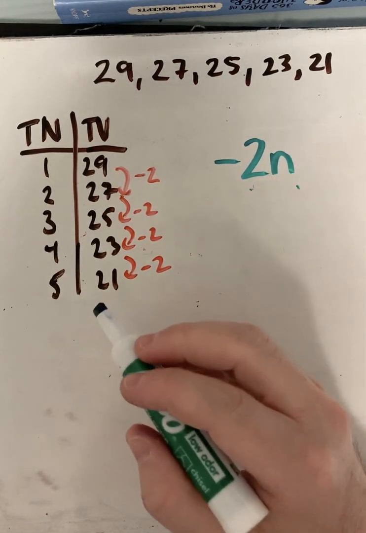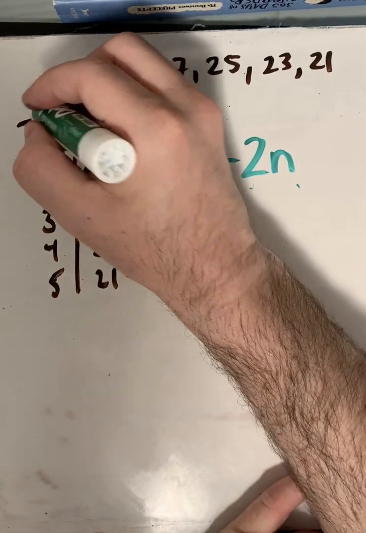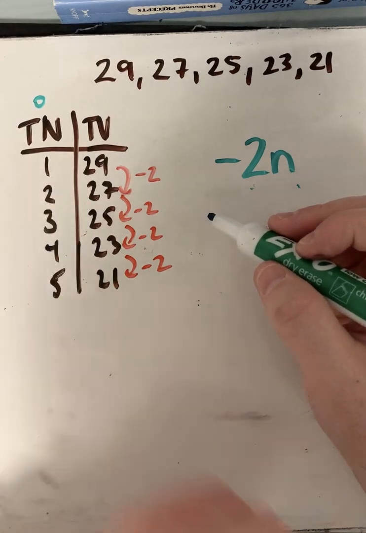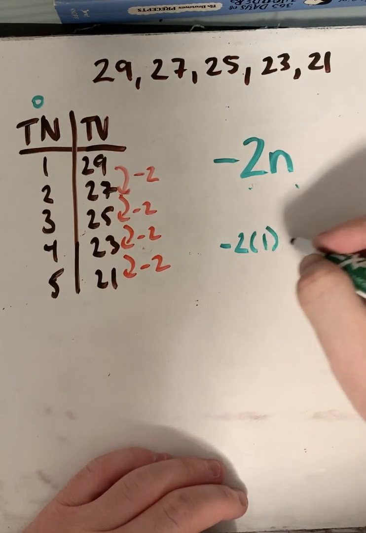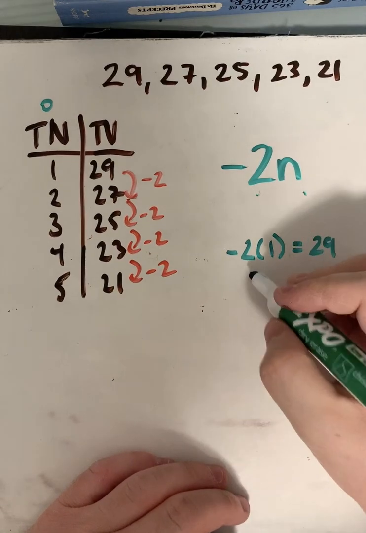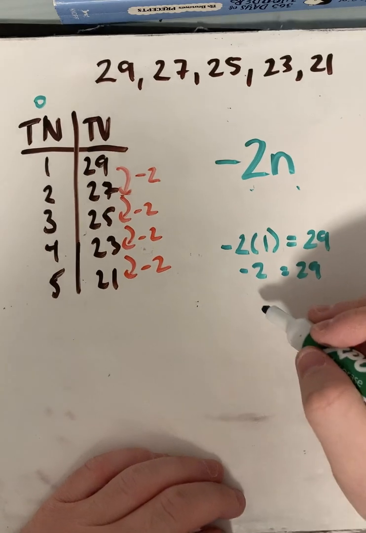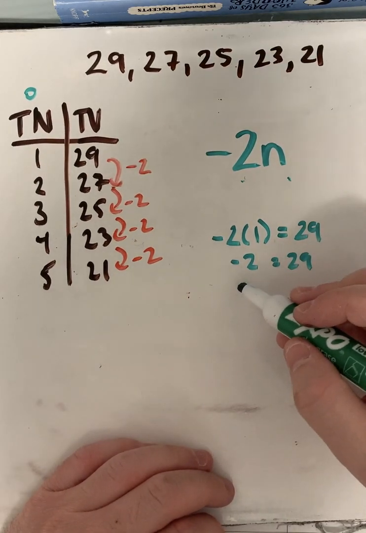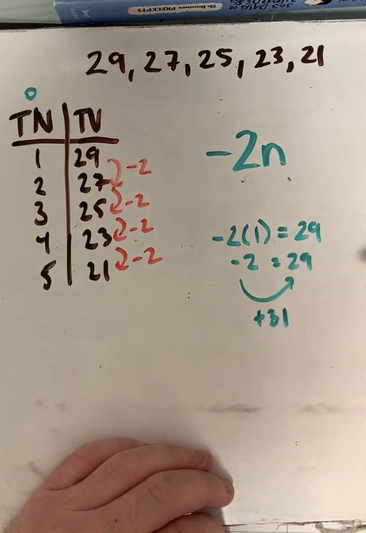This would have been an amazing spot to use term 0, because I know that there's going to be a difference between 1 and 29. So I could test it out. -2 times 1 plus something equals 29. How do I get from -2 to 29? Some people don't love working with integers, right? To get from -2 to 29, I actually have to add 31.